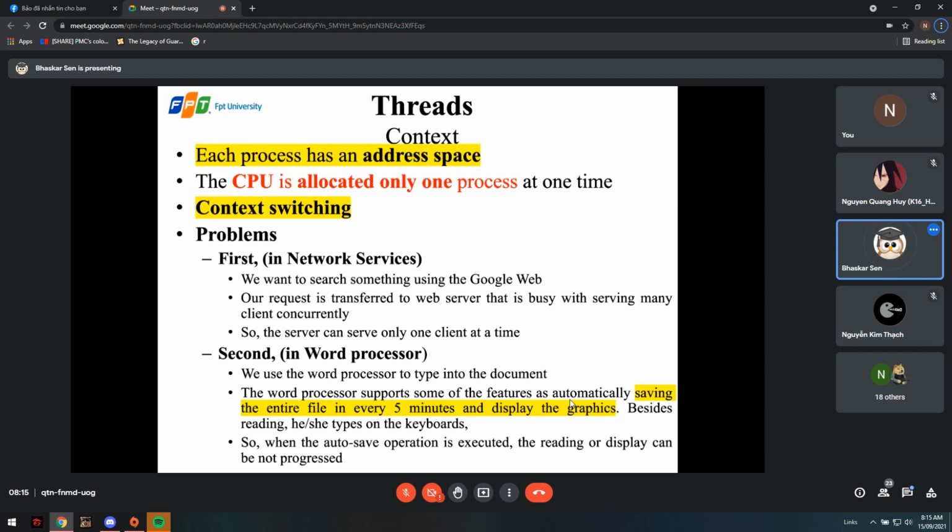But now, if you use multi-threading, you can in fact use a thread. You can write a thread, and that thread every 5 minutes or every 2 minutes will wake up and run automatically.